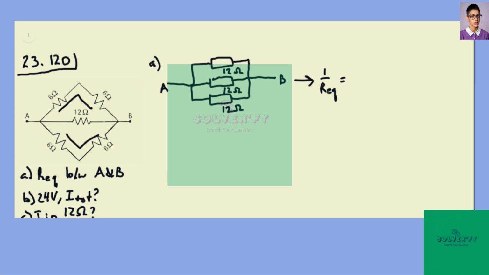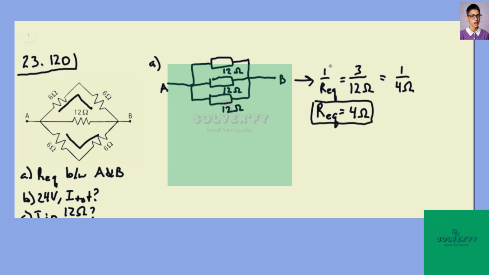1 over the equivalent resistance is equal to the sum of 1 over the individual resistances. And since they're all the same, we just get a multiple of 1 over 12 ohms. So that's 1 over 4 ohms. And we can see that the equivalent resistance then is 4 ohms.